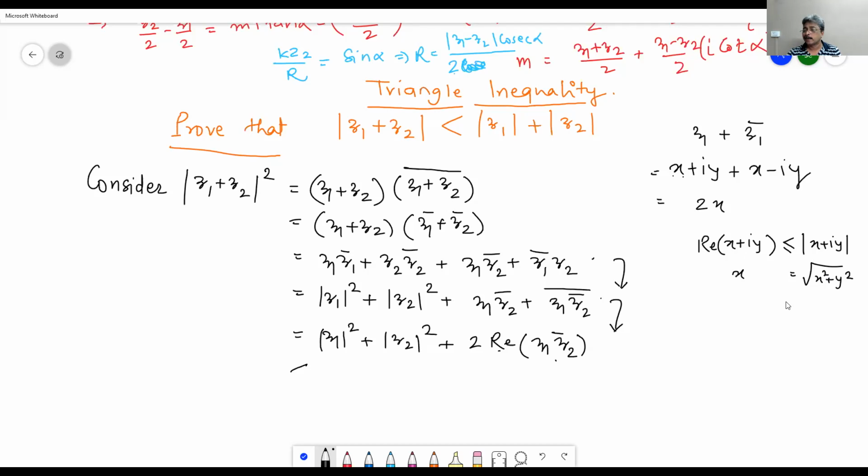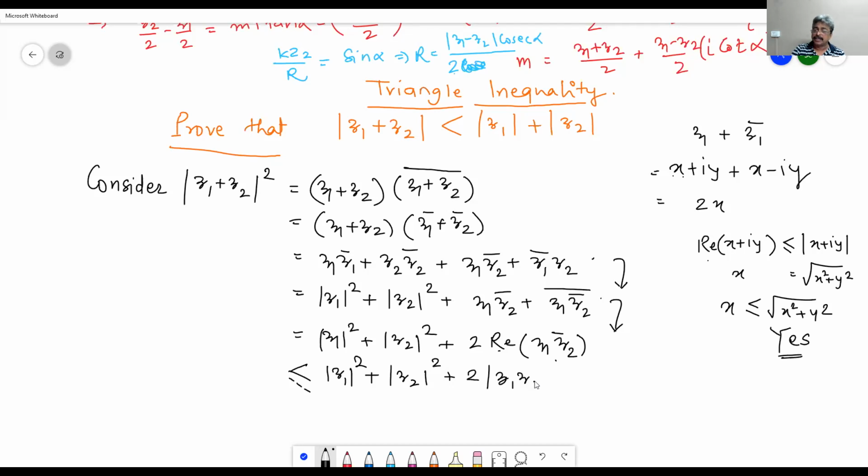X. So is x less than or equal to radical x square plus y square? Yes. Therefore, real part of any complex number is less than or equal to, I am writing it just dotted, we will have to go back to equality once again, mod z1 square plus mod z2 square plus 2 times mod of z1 z2 bar.